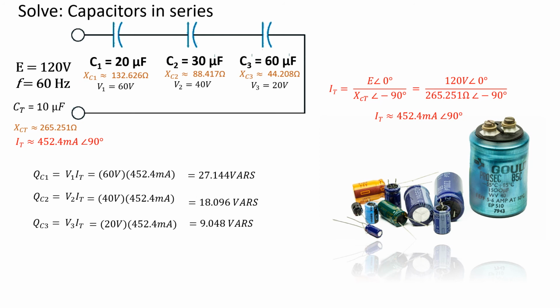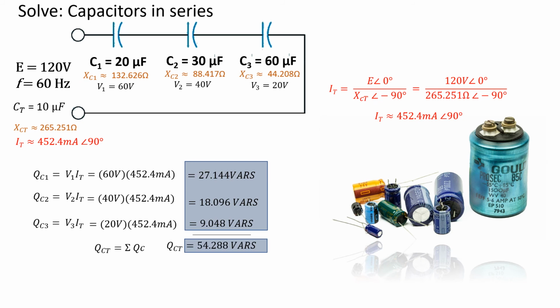Again, in series, powers should add, and that results in 54.288 vars. And again, it's always good practice to double check your answer, where our total power will equal our total voltage times our total current. And sure enough, within a margin of rounding, we get back to the same answer, as we should.